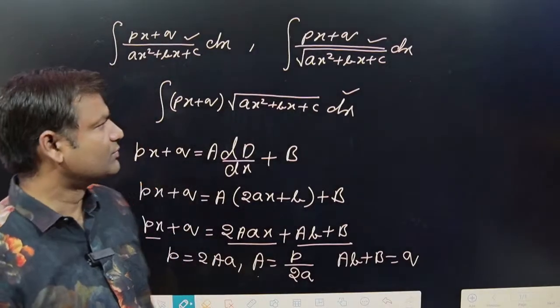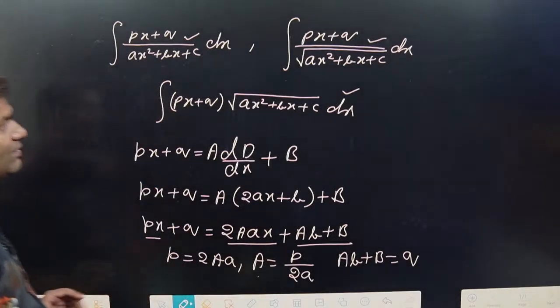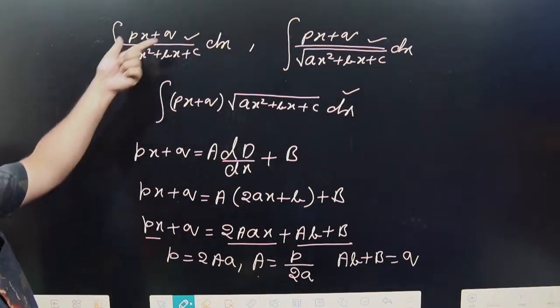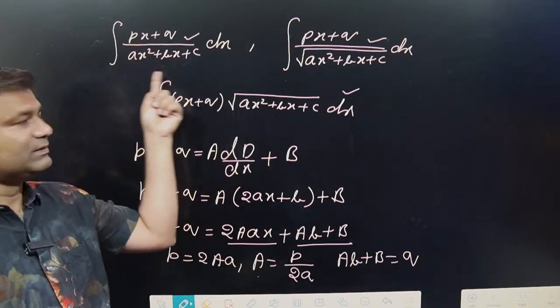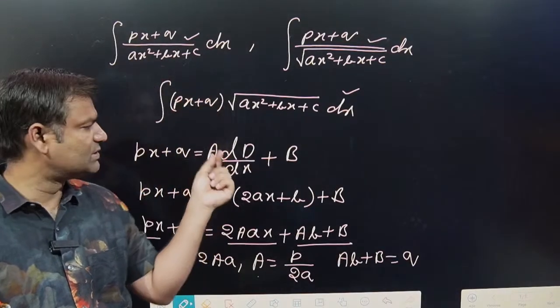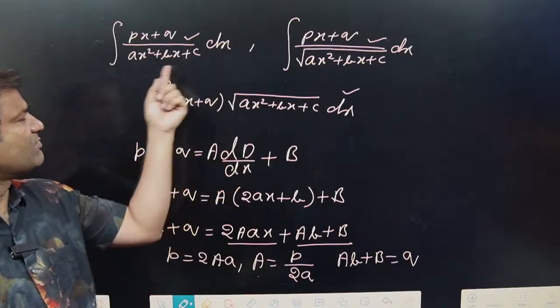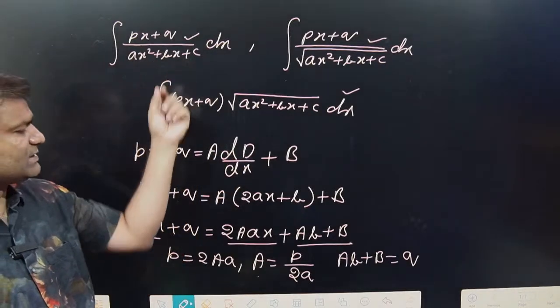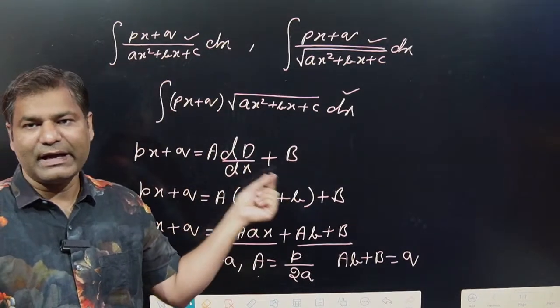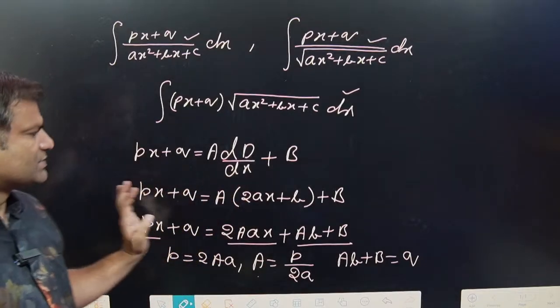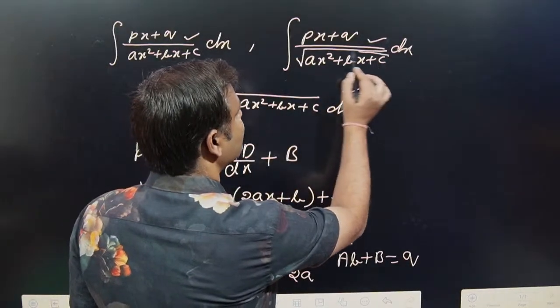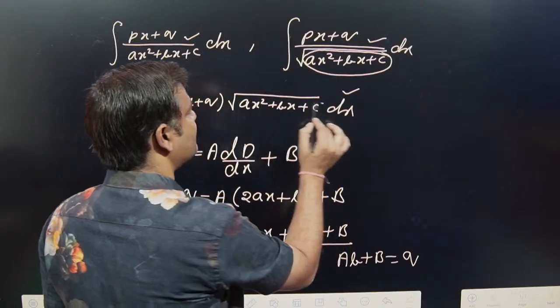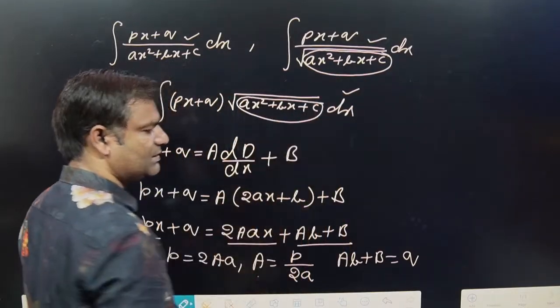Okay, so I hope it is clear. So how can we solve? Simply write A into differentiation of this quadratic equation, ax square plus bx plus c, plus B. And after that you can solve here also simply this portion, and here simply this portion, differentiate.